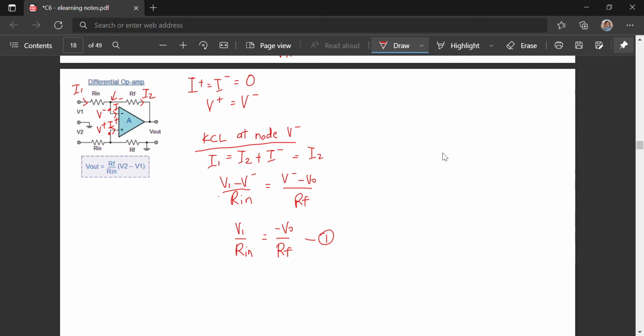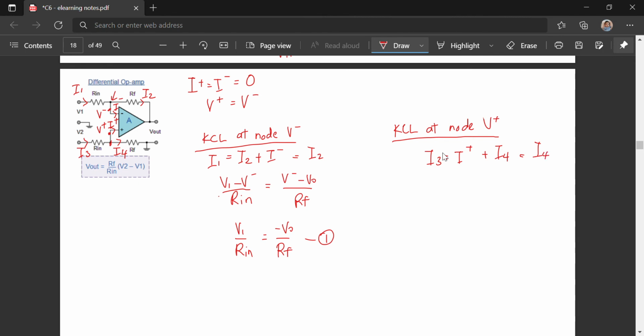And then we take the KCL at node V plus. We have here I3 and I4. So I3 equals I plus plus I4, equals I4.